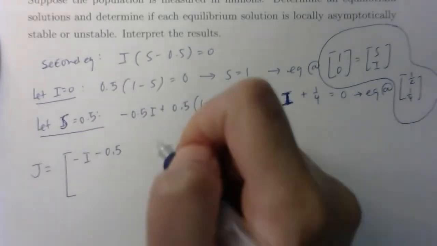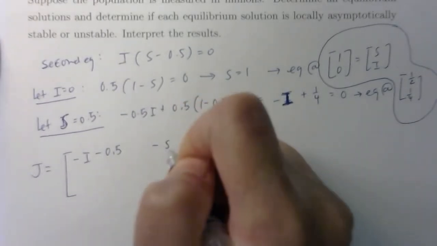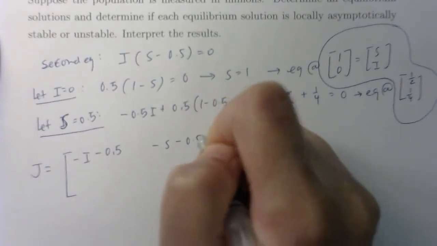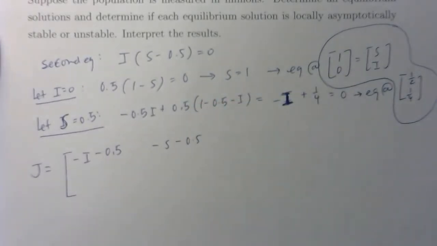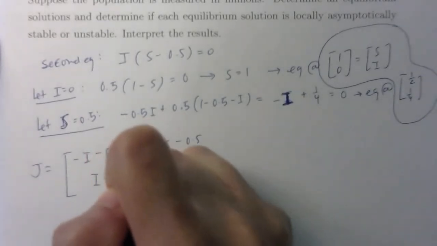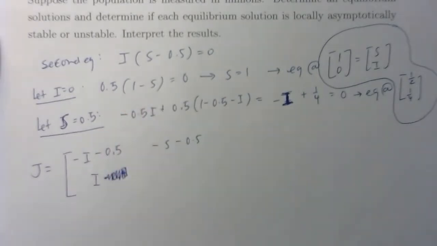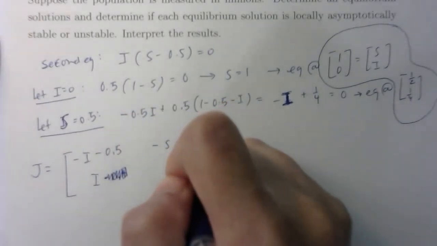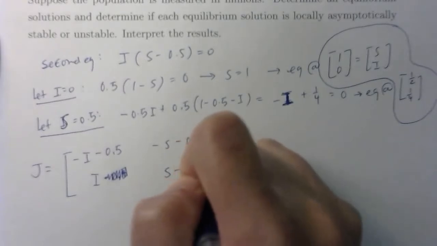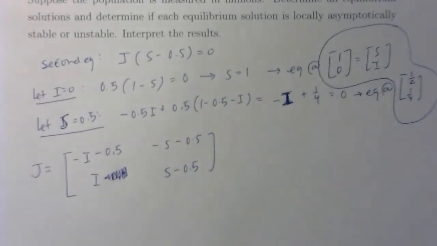With respect to I, minus s minus 0.5. Second equation with respect to s is I minus 0.5. Oh wait, no, just this. And with respect to I is going to be s minus 0.5. Is that right? That looks good.